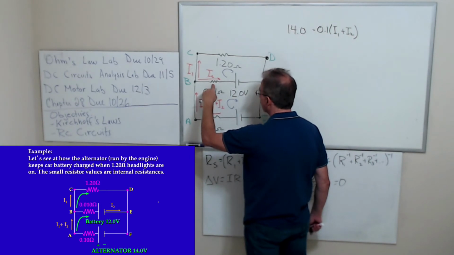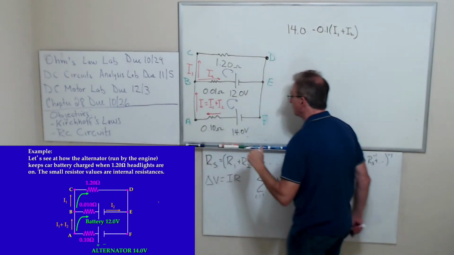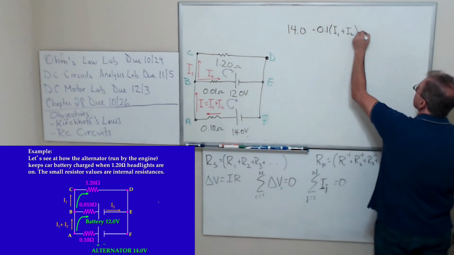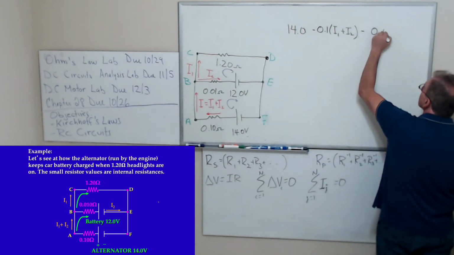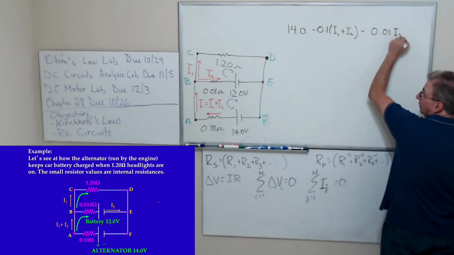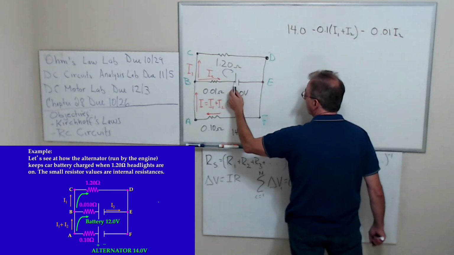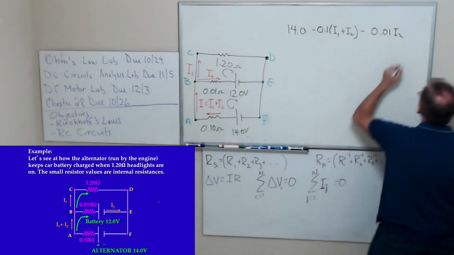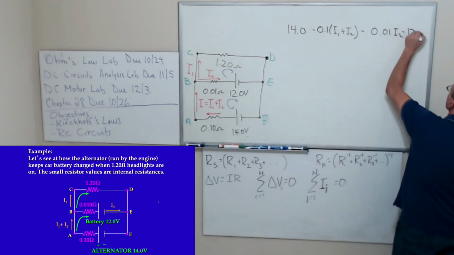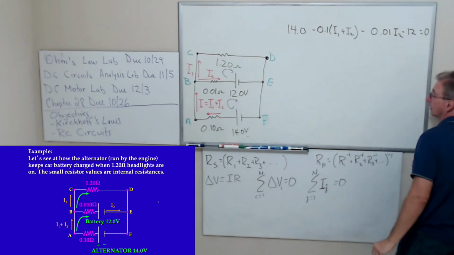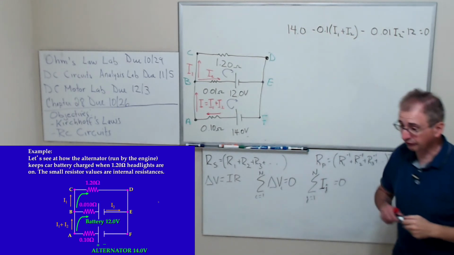This is 0.01 ohms with I2 going through it. And then I have the 12 volt battery, where I go from a higher to lower voltage, a voltage drop. And then I'm done. So that's my first loop.